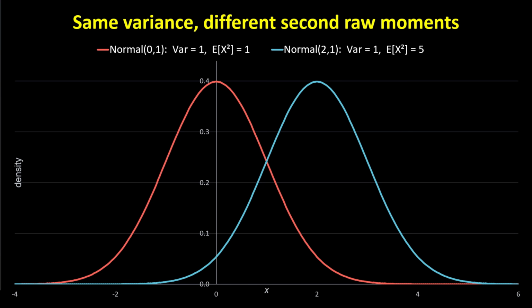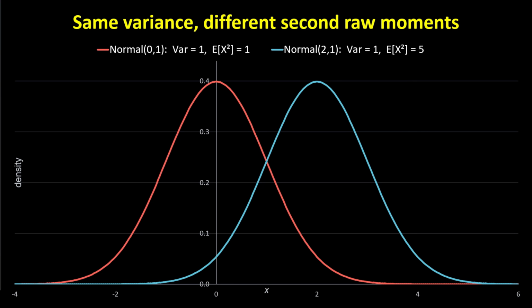But imagine that you saw this picture and you want to communicate to your friend what it is that you saw in it. The first thing that we will say is that these two distributions have the same spread, and that spread is measured by the variance, the second central moment, where because we measure the variance of each of these distributions relative to its mean, we get a measure of spread that does not depend on the location of the distribution.